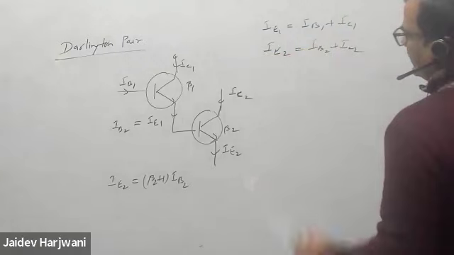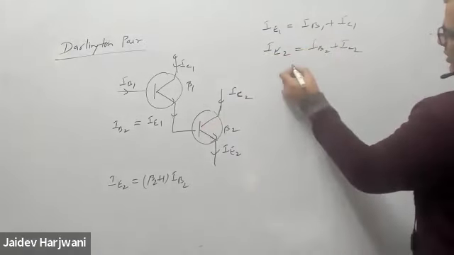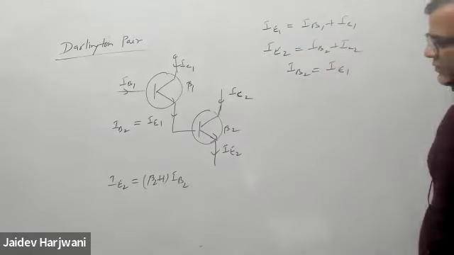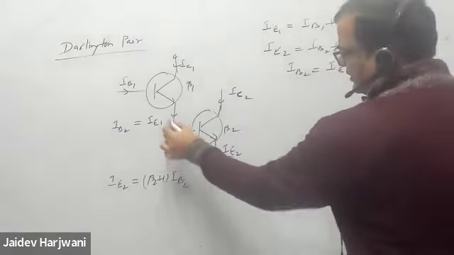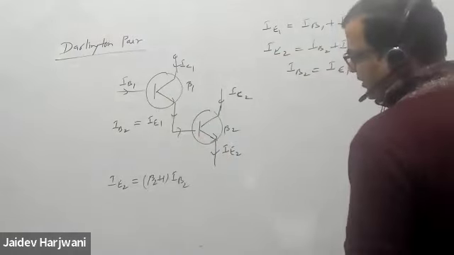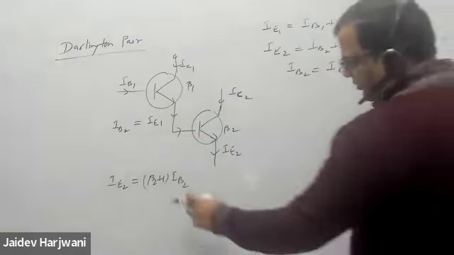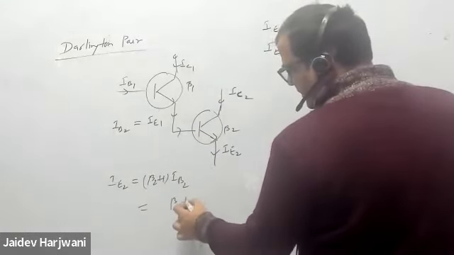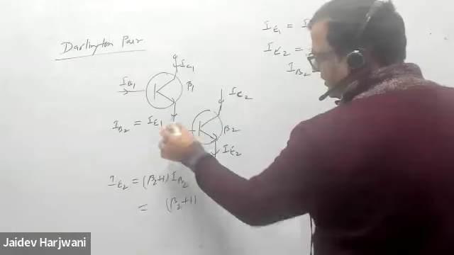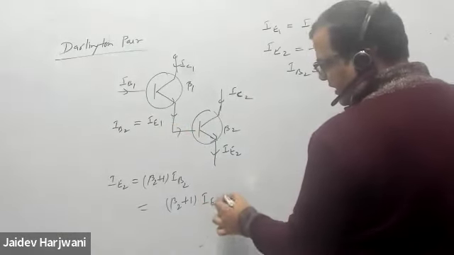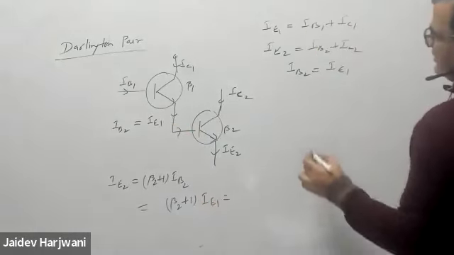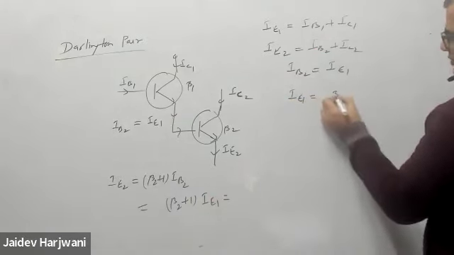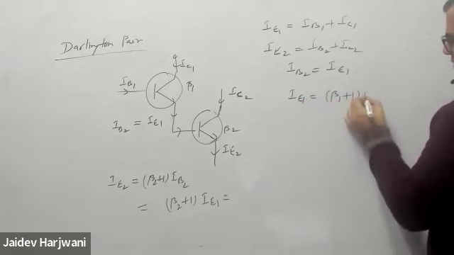And in the given circuit, automatically your IB2 becomes IE1. This current is the emitter current of the first. So IB2 is your IE1, and IE1 I can write as beta 1 plus 1 times IB1.